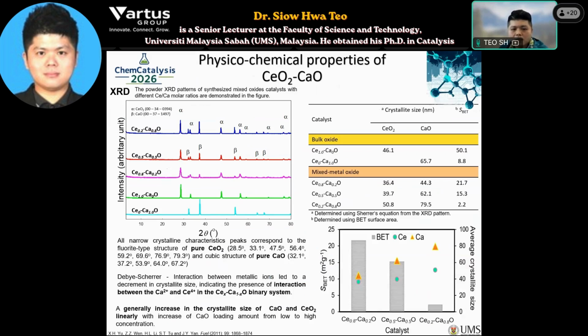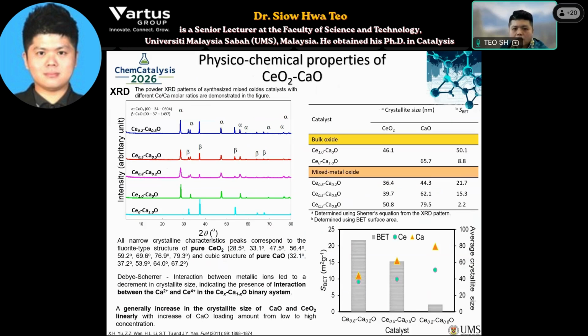The XRD profile shown on the left confirms the successful formation of crystalline silver oxide and calcium oxide phases in all synthesized catalysts. The characteristic diffraction peaks can be clearly assigned to the fluorite structure of silver oxide and the cubic structure of calcium oxide.